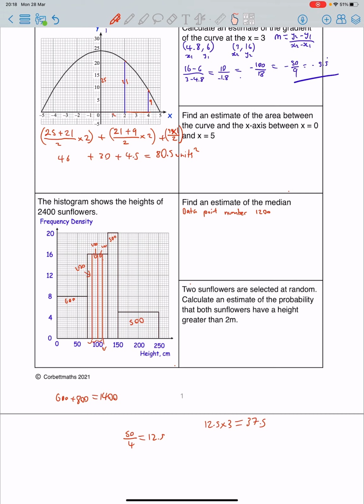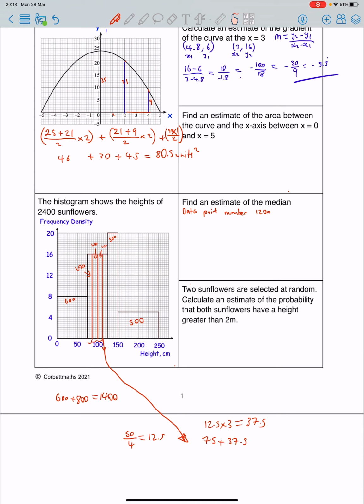So I need to do 75 plus 37.5 to work out what number this represents. 75 plus 37.5. Yes, I'm shamelessly using my calculator, which is 112.5. So that's a good estimate there for the median. 112.5. Quite a long one, I think.